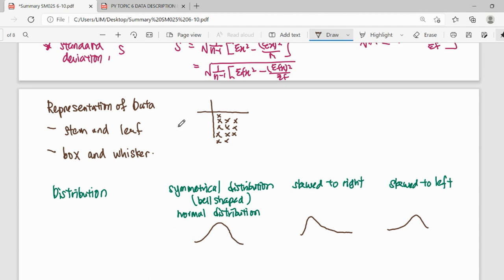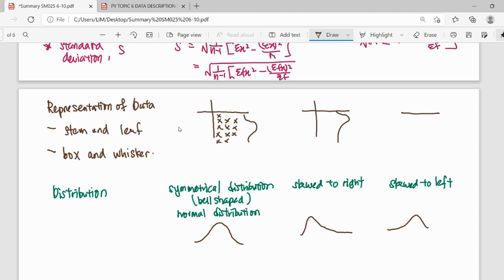So when you're doing your stem and leaf, you can see it in side view like that. If your data occurs like that, then it is symmetrical. If it is skewed to the right, you can see your stem and leaf going higher in this part and then dragging to the higher value.